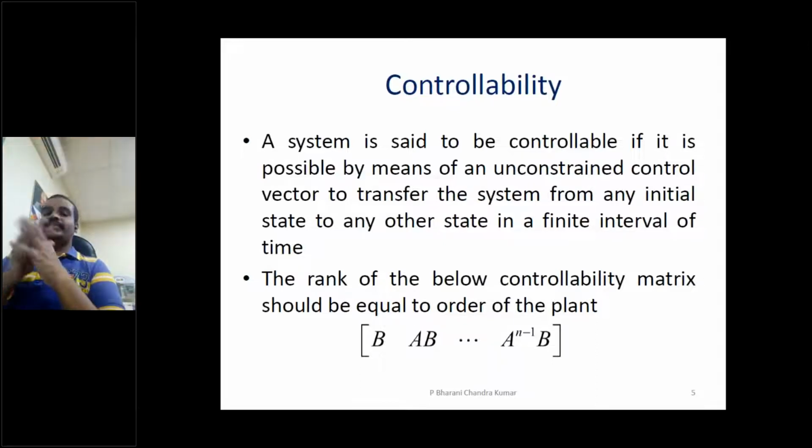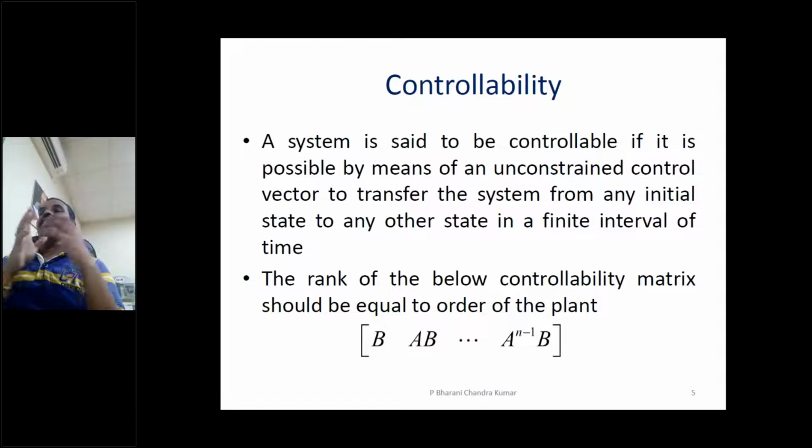For example, for a DC motor, let us assume the system state is the speed. If initially the speed is 0, and by applying the control input you can move the speed from 0 to any desired speed, let us assume 1500 or 2000, whatever it may be.